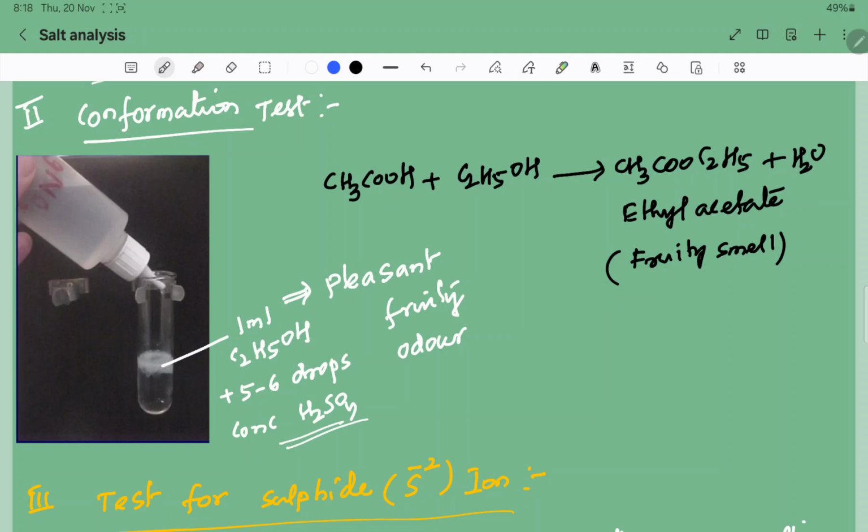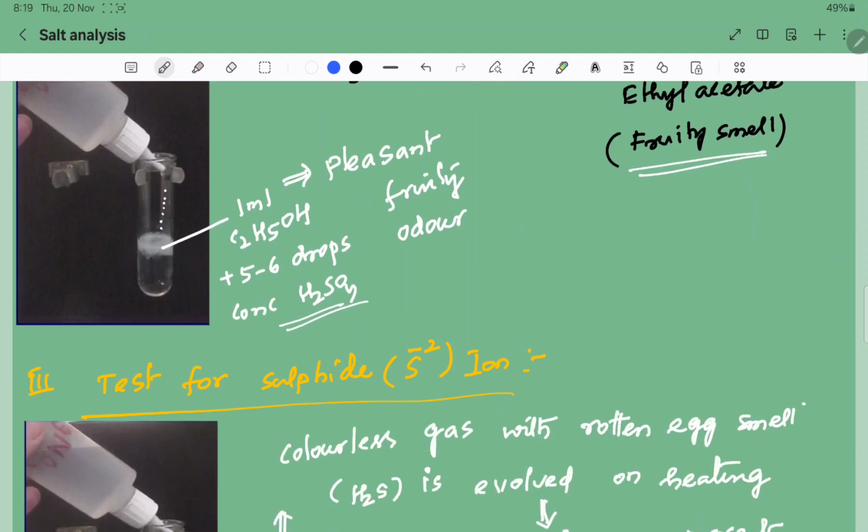Water will be eliminated and it will produce a vapor with a fruity smell. That fruity smell means an ester is obtained, so we can confirm that the salt has acetate ion. This is the second test for acetate ion, student.